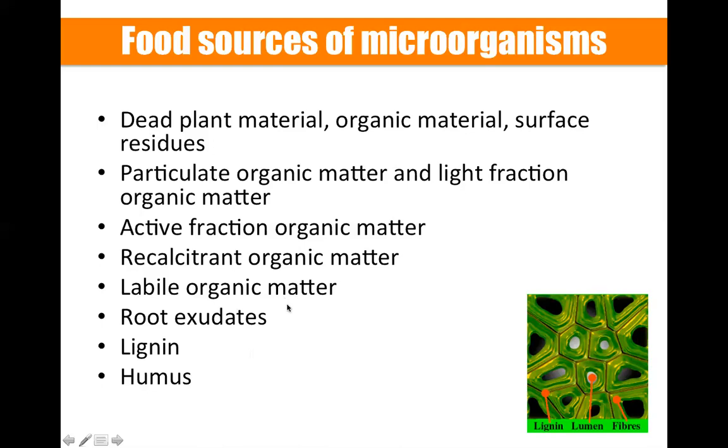Recalcitrant organic matter. Okay, organic matter such as humus or lignin-containing material that only few soil organisms can decompose. Very hard materials. And then we have humus as well, or humified organic matter, an important food source of microbes. Humus contains complex organic compounds.